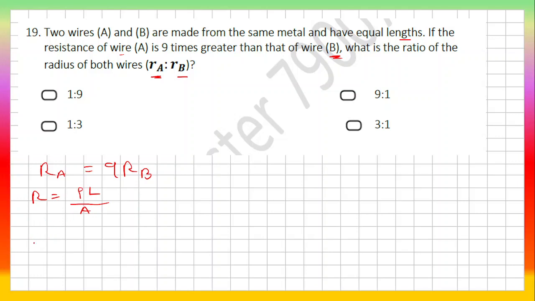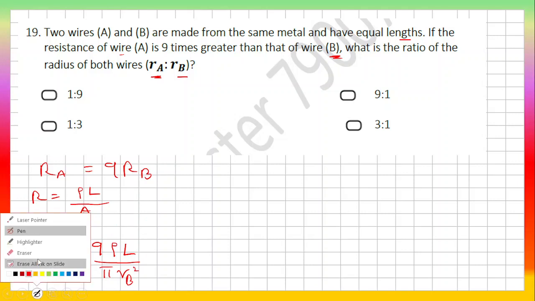So for RA, the resistance will be given by the resistivity multiplied by the length over the area, which is pi RA squared, is equal to, this side I'll have 9 multiplied by the resistance of B, which is the resistivity multiplied by the length over the area, which is pi RB squared.